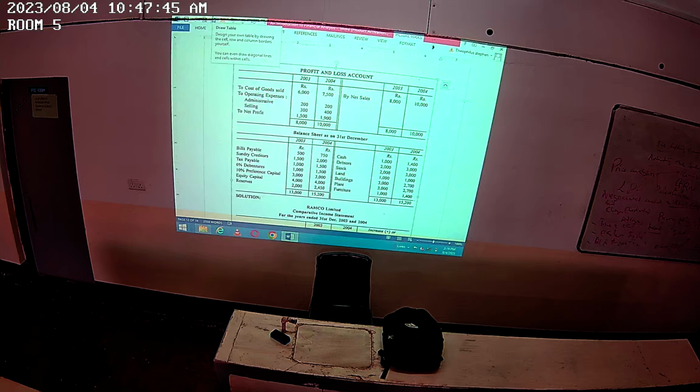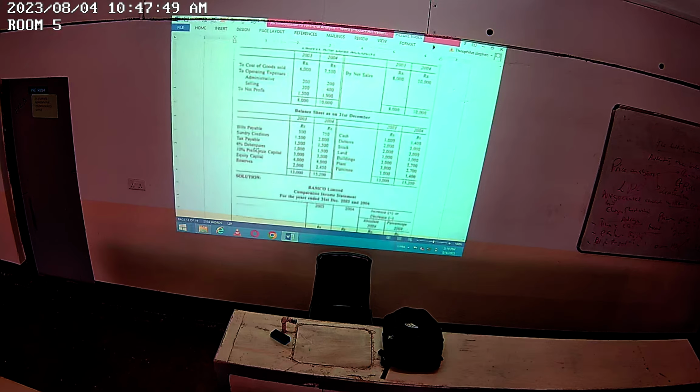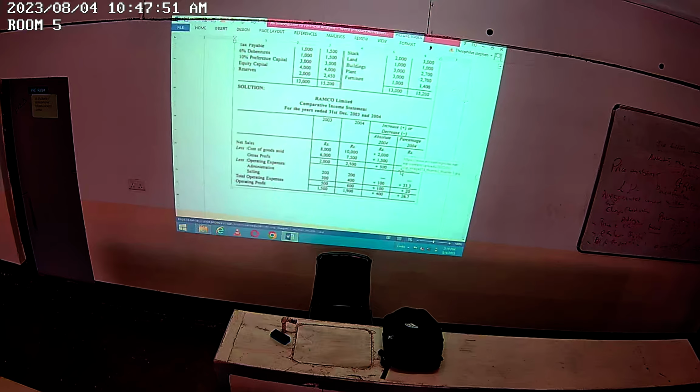If we come down here, this is the comparative statement. If you look at the structure itself, we have these columns whenever we prepare the comparative statement, and at the end we analyze whether there has been an increase or a decrease.